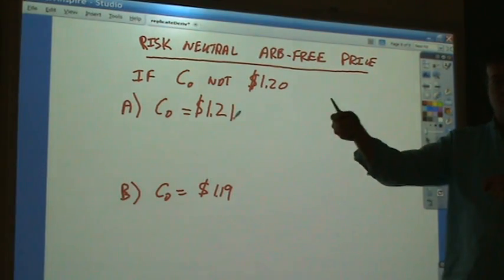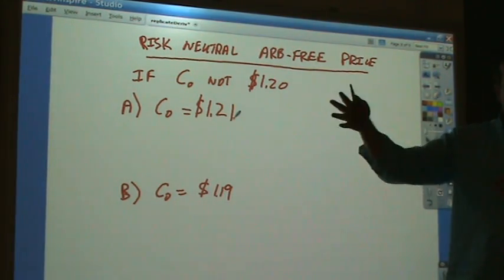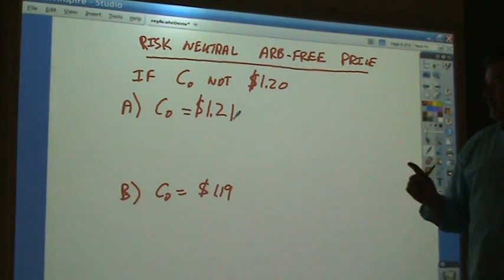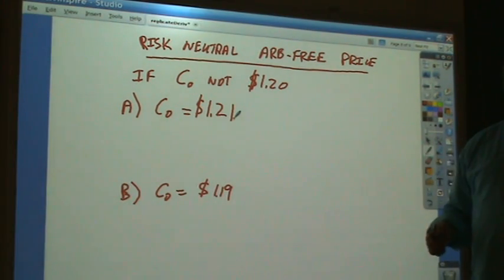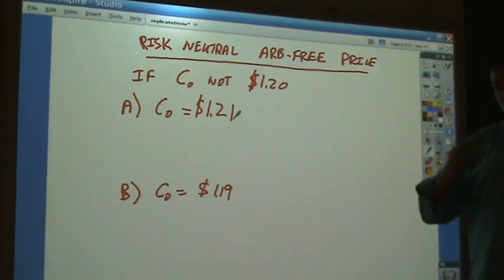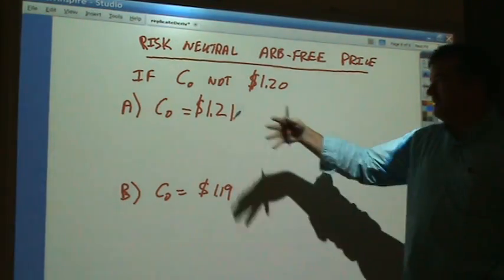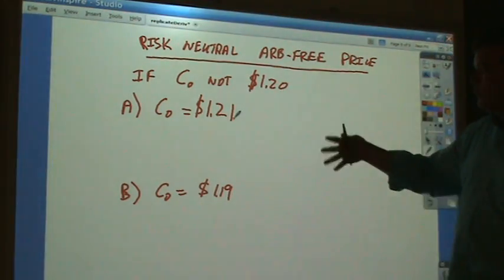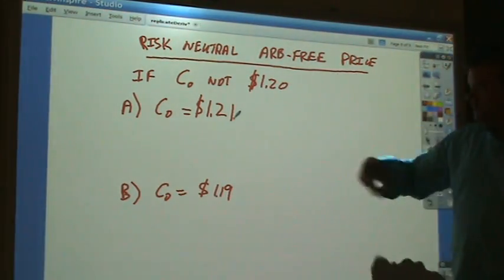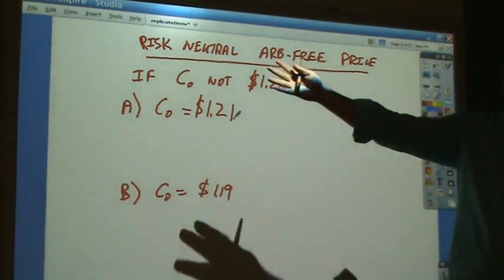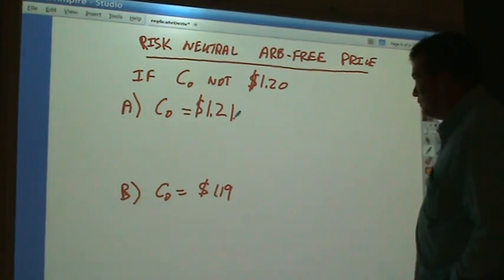Take the $1.20, borrow 80 cents, buy a half a share, and so on. And what will your guaranteed profit be? No matter what happens in the future, you're definitely going to gain 1 cent. Of course, this assumes there are no transaction fees, and you wouldn't do it for 1 penny, but you'd do it 1 penny times 10 million and make it worth your while.